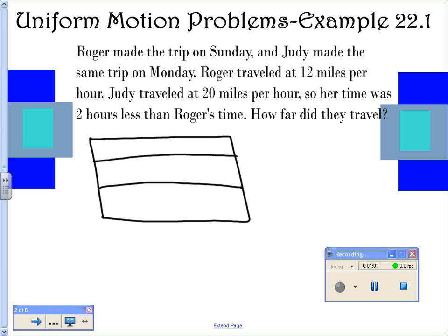Are they going to give you a picture? Are you going to draw? No. I'm not going to draw. I'm not going to give you a picture.